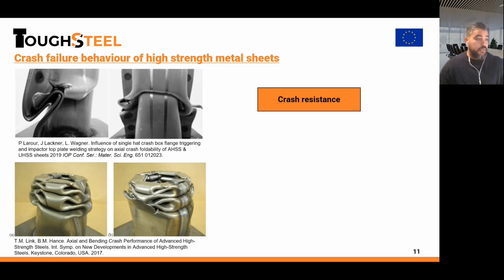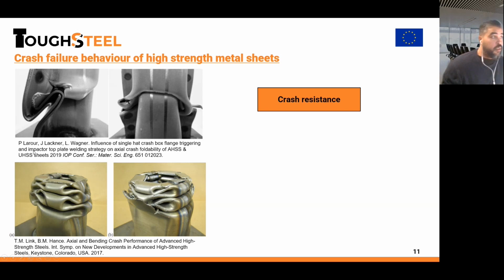Okay, first, to understand why we think that a fracture toughness approach can be very useful to better understand the crash failure behavior of high-strength metal sheets, we should take a look at the features that better describe or characterize this failure behavior under crash loading of advanced high-strength steels, press-hardened steels, or high-strength metal sheets in general.